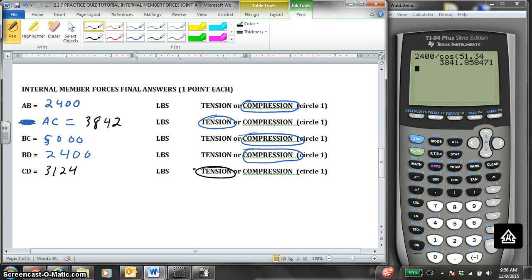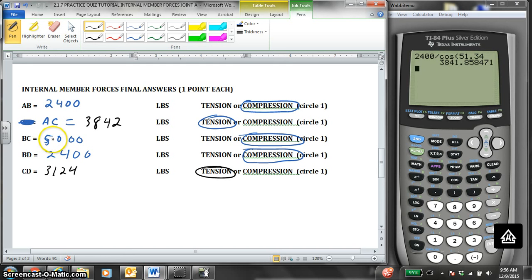So let's start from the bottom. We started at joint D. We solved for CD, 3,124 pounds in tension. And we solved for BD, which is 2,400 pounds in compression. And then we moved on to joint B. Joint B, all the vectors were either vertical or horizontal, so that was a relatively easy analysis.